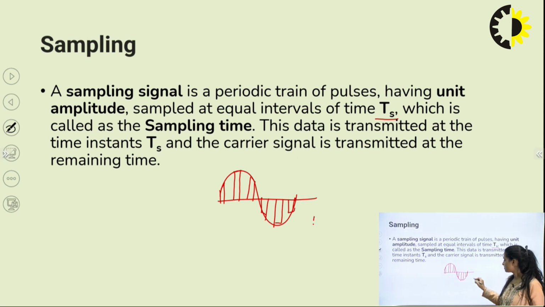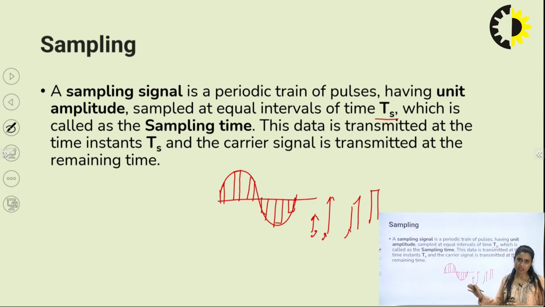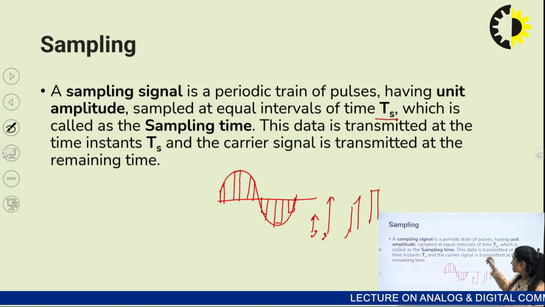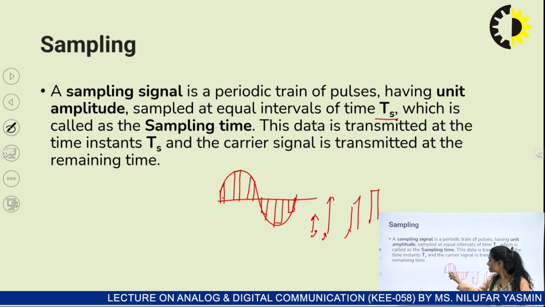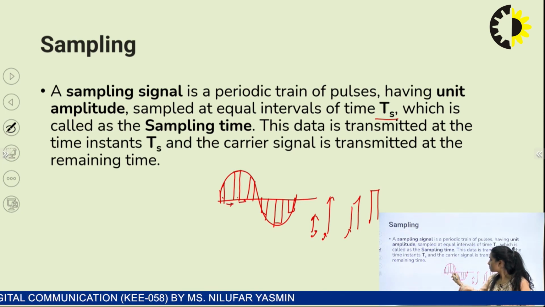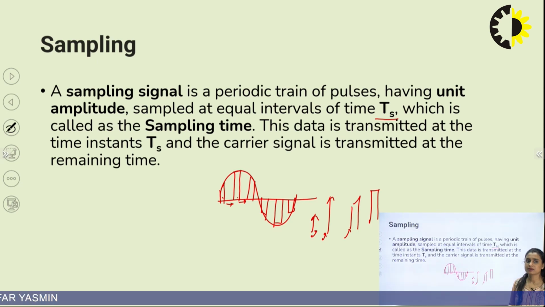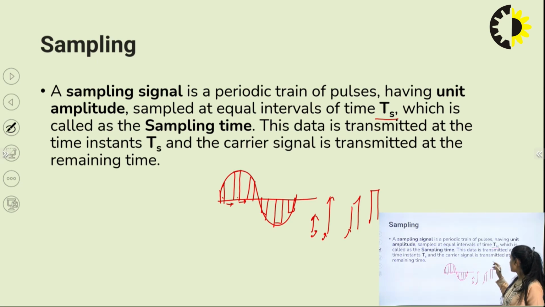So these samples could be represented like this, or maybe like this, or maybe like this, right? Depending on how we represent it, we have sampling types that I'm going to discuss after a few slides. So this data is transmitted at time instant Ts. Every sample is processed after the sampling time interval Ts, and the carrier signal is transmitted at the remaining time.